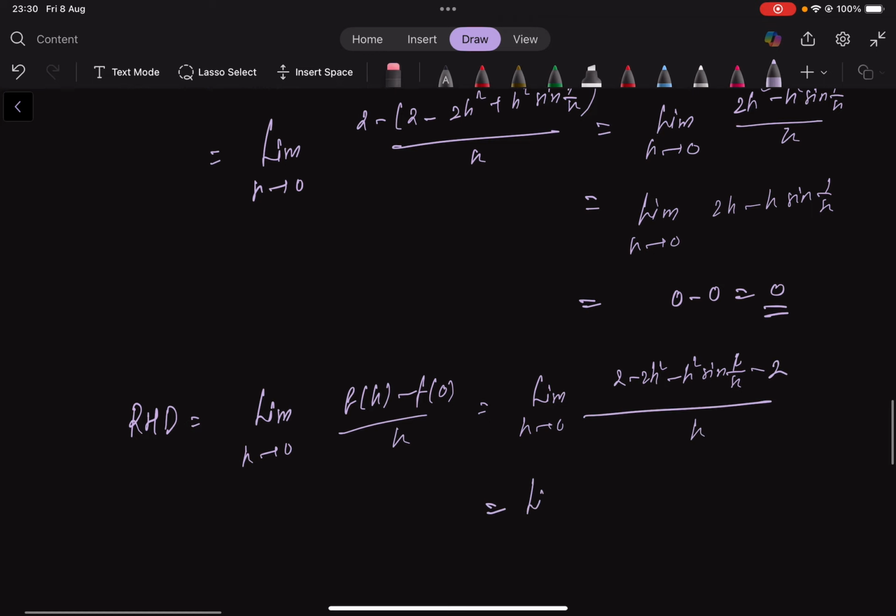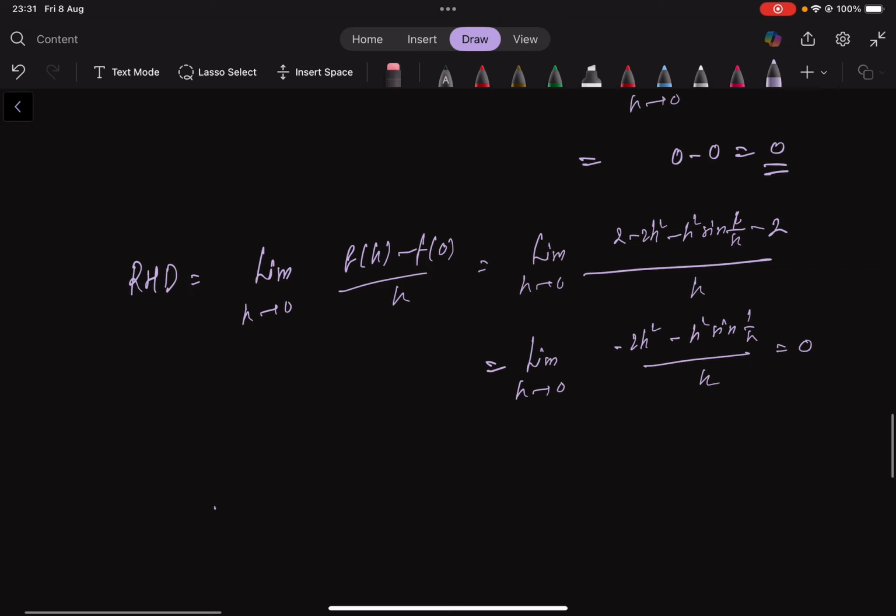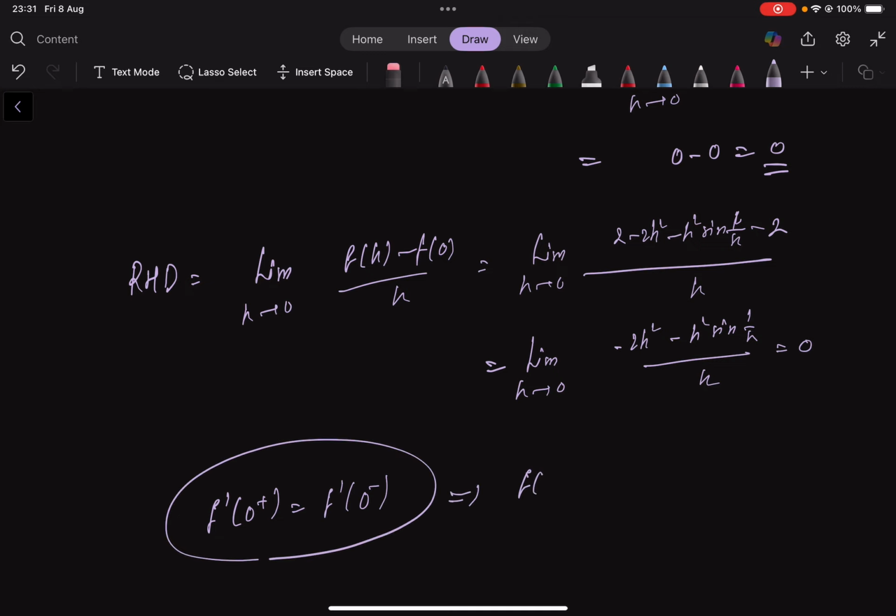And that is very much similar to the previous part. So minus 2h minus h sine 1 by h, and that is nothing but 0. So f dash of 0 plus is equal to f dash of 0 minus. Both the left hand derivative and right hand derivative are the same. So that means f of x is differentiable at x is equal to 0.